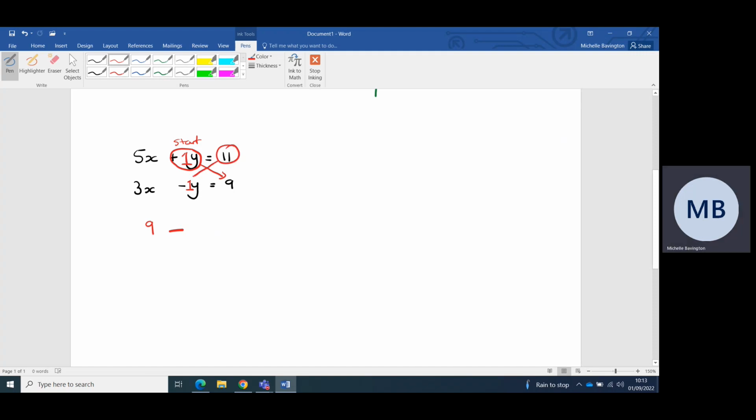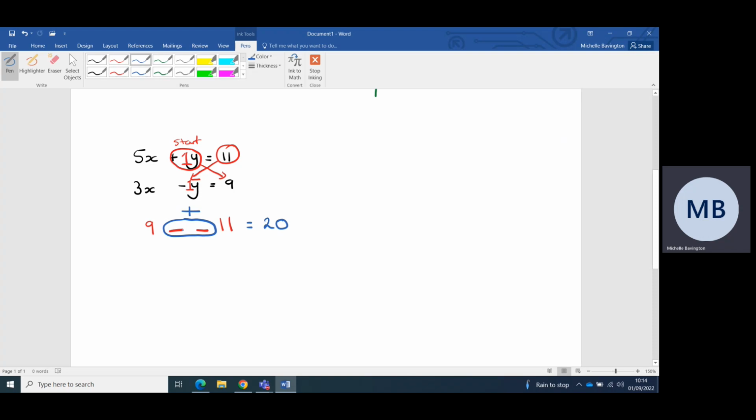11 times -1. We've got a negative here. And it's 11 times 1, so 11. Now, here we have 2 negatives together. 2 negatives make a positive. So it is 9 plus 11 is 20.